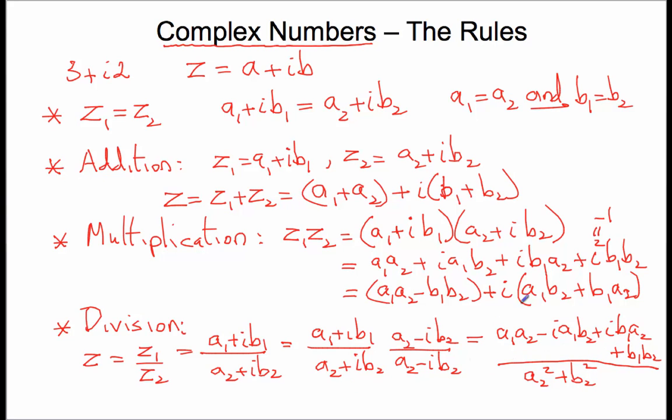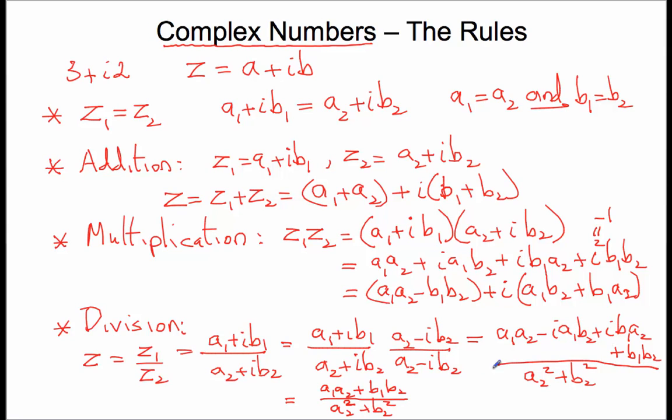So now we can separate this out into the real and the imaginary parts, and what we'll get is a1 a2 plus b1 b2 divided by a2 squared plus b2 squared, and that's the real part.